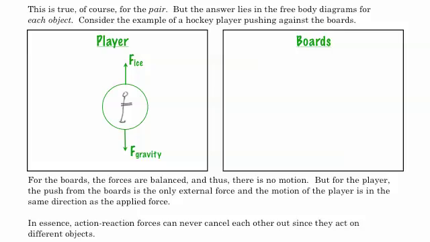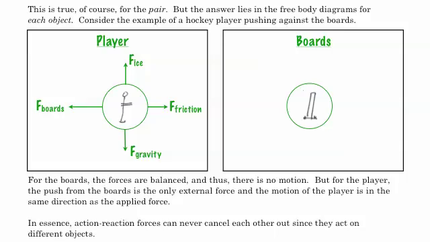And of course, this player is pushing on the boards, but that isn't what's acting on the player. What's acting on the player is that the boards are pushing back on the hockey player. And of course, this is why the player moves in the direction of that force. There's probably also friction acting in one direction, but it certainly wouldn't be as big as the force from the boards. So now let's draw our free body diagram for the boards.